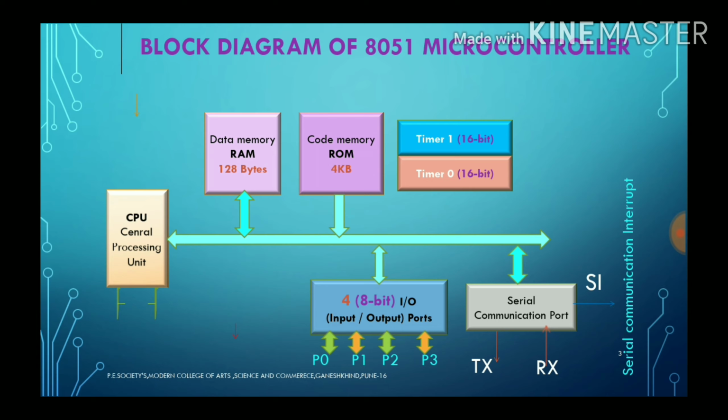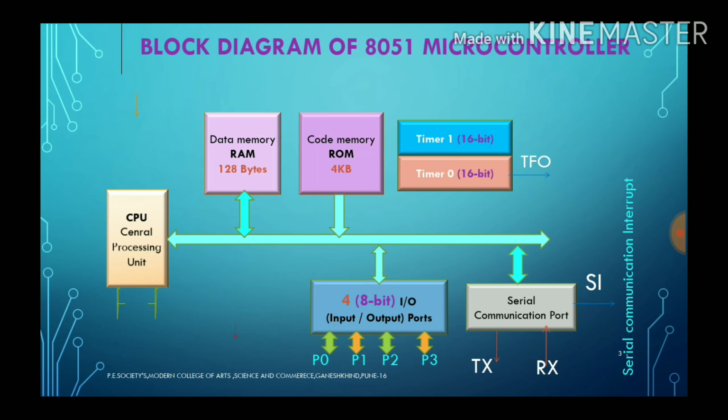Whenever they reach the maximum count, each counter or timer generates an overflow condition, which can be used to interrupt the system internally, and it is called a timer overflow condition.